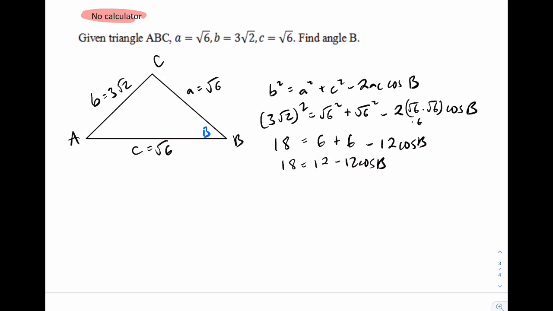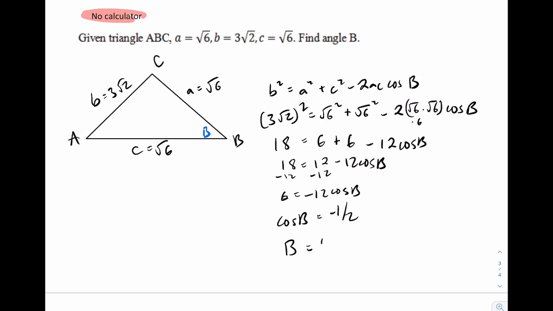Let's manipulate this. So, let's just subtract 12. So 6 is equal to negative 12 cosine b. Cosine b is a negative half. Now here's the important part. There's no calculator, and that's because we can solve this in our head. For cosine, cosine hits negative half at 2 places.